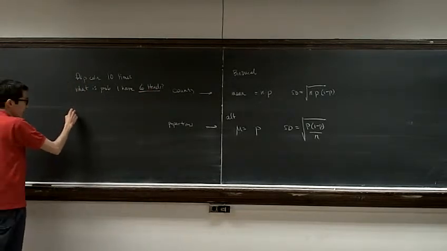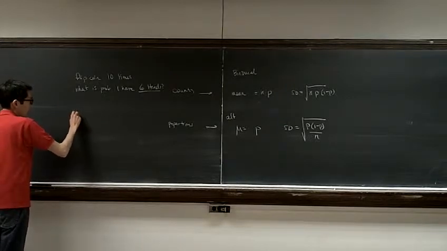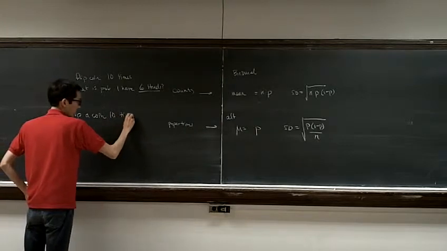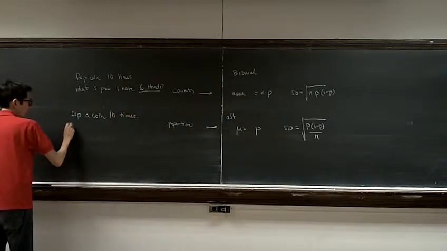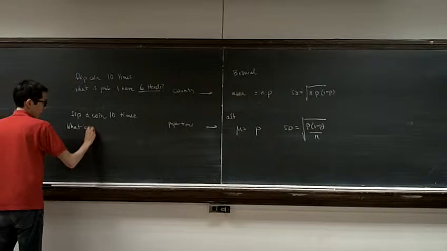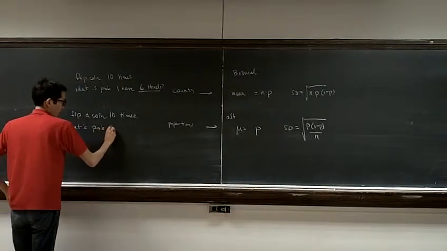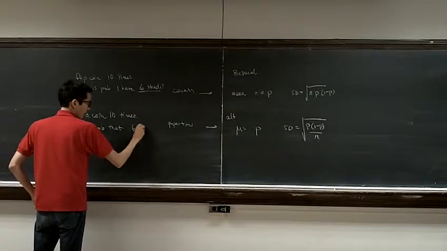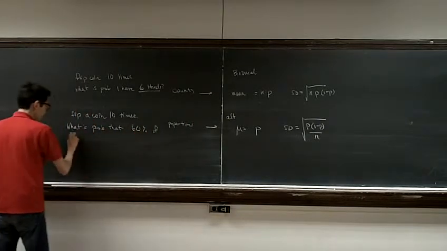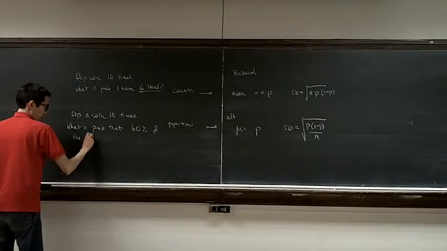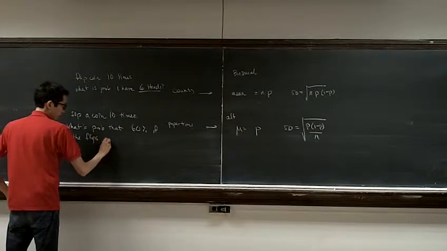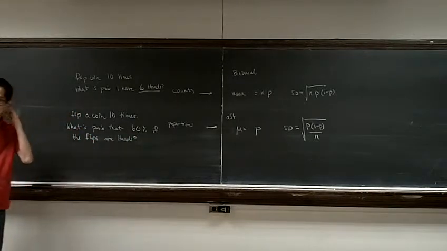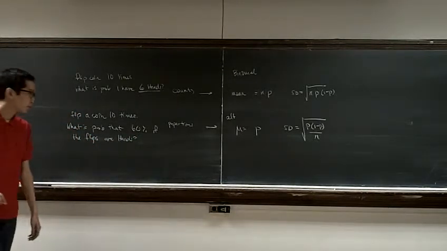This can be asked the exact same way by saying I flip a coin 10 times. Okay, and then what is the probability that 60% of the flips are heads, or 0.6 rather than 60%.